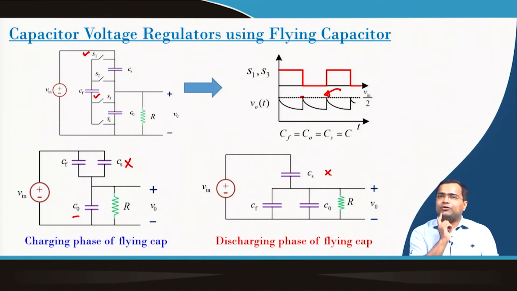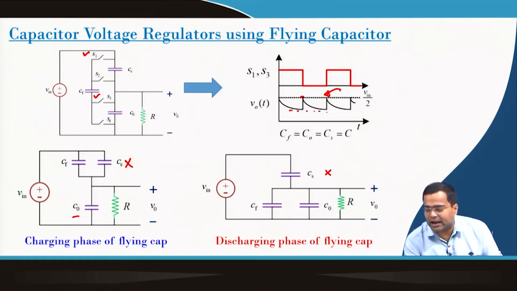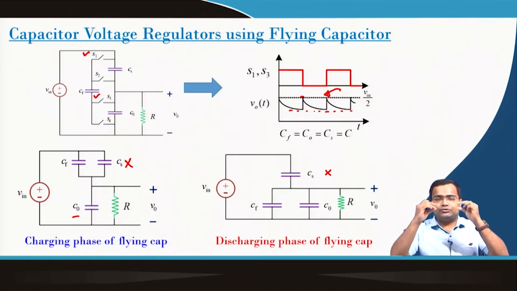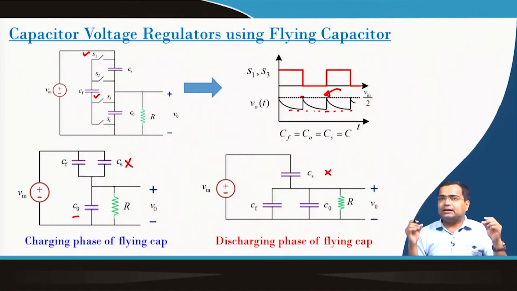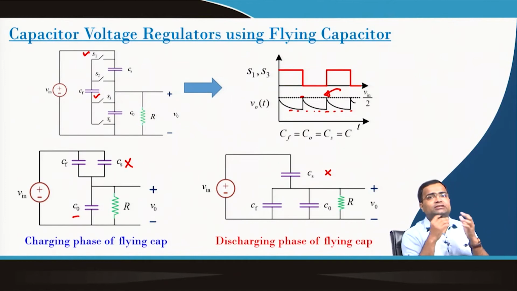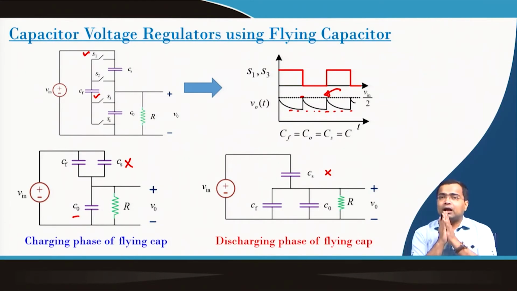So, we need to do it periodically and rapidly, so that this deviation around Vin by 2 can be reduced and kept within a certain limit, but such frequent charging and discharging will also put a limit, that is called the high frequency switching limit.